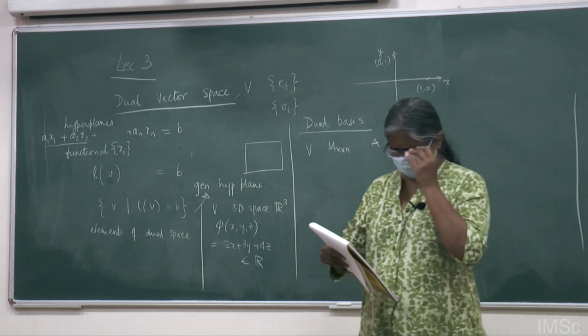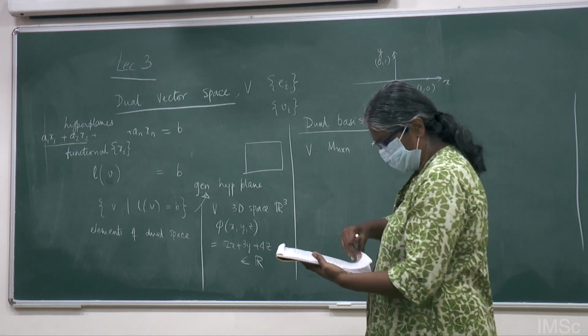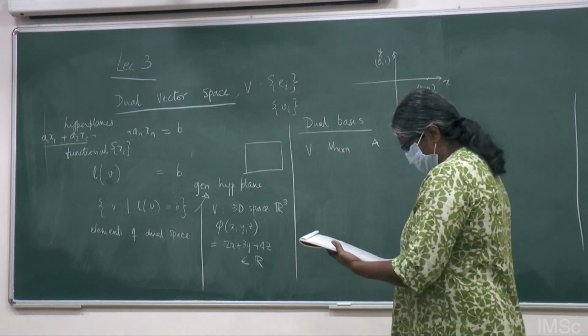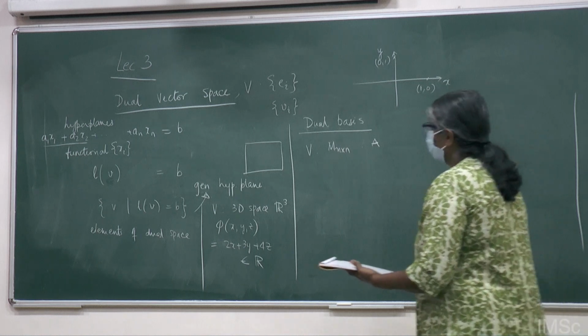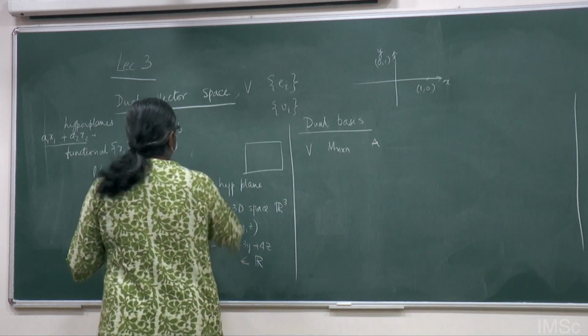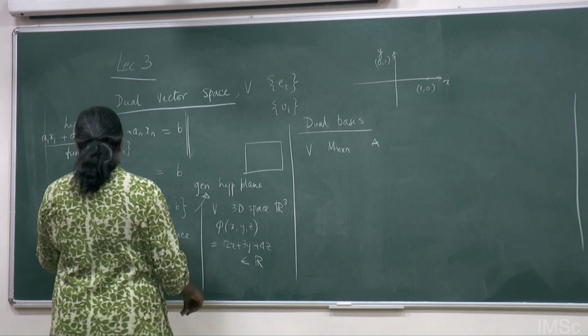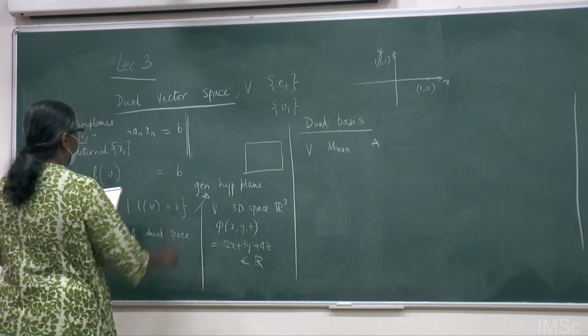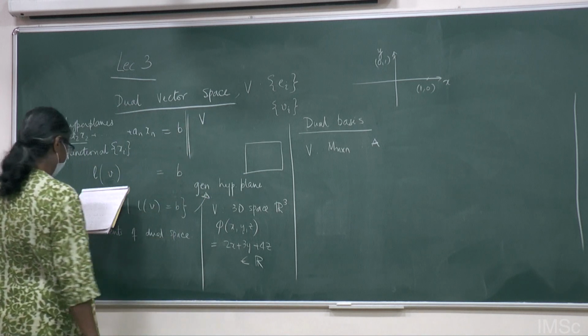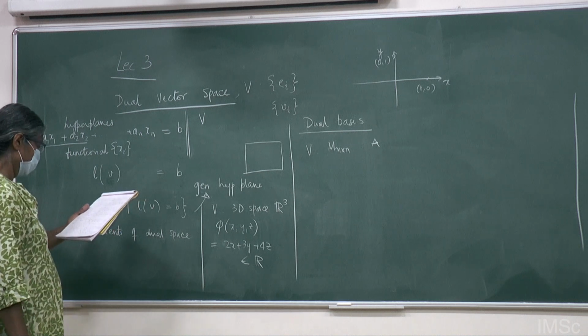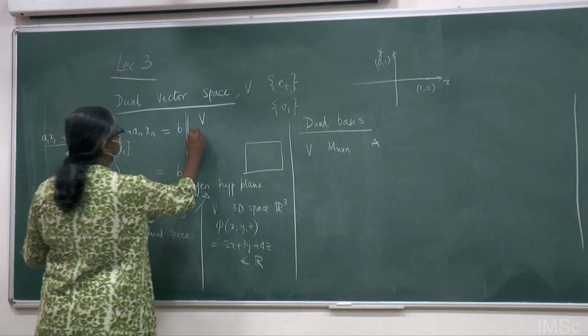There is actually even a formal definition of a dual space, but if you want I can write it down here. Suppose I've given a vector space V. What is the dual space V star?